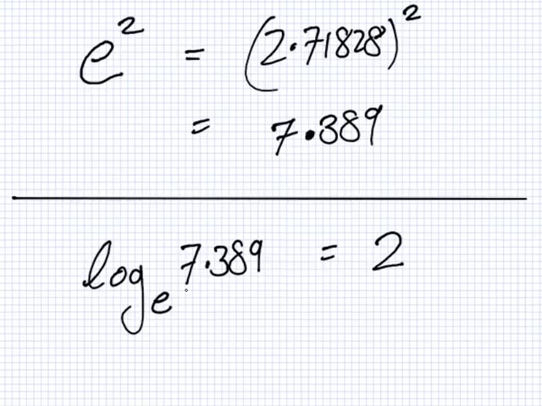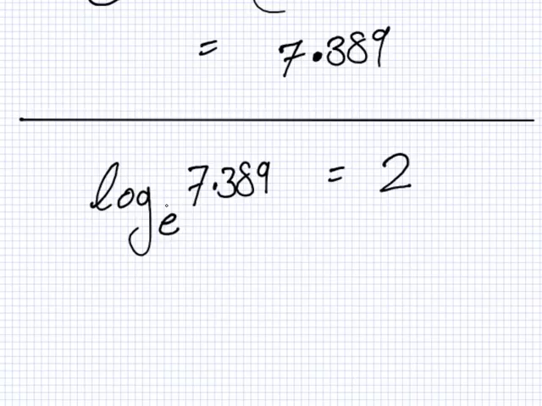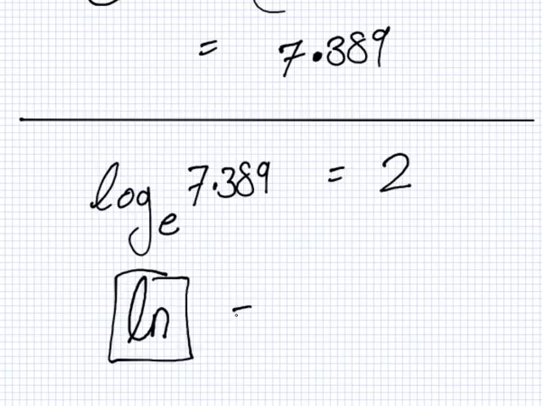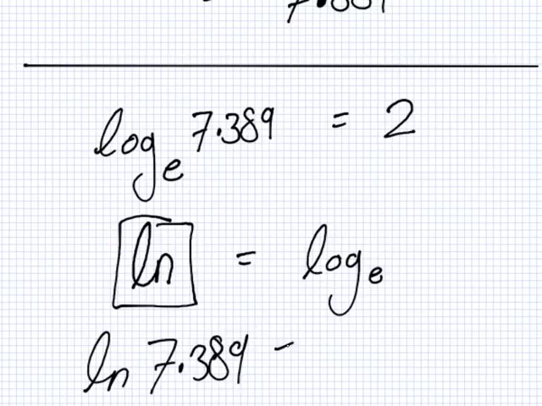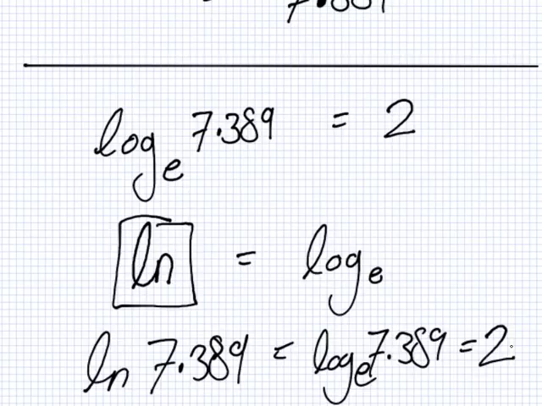And in fact, again, because this is so important, it has a built-in function on the calculator called natural log. On the calculator, you see this button called ln. This ln button is exactly the same as log base e. So if you type in ln 7.389, that's the same as log base e of 7.389, and you should get roughly 2 on the calculator.